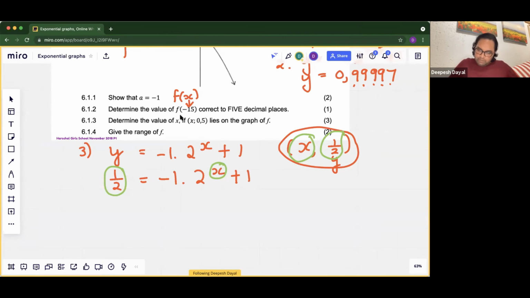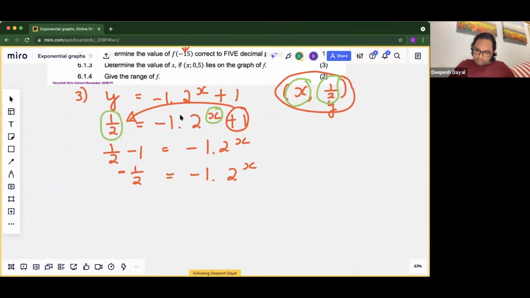Okay, so what we're going to say: half minus 1 equals minus 1.2 to the x, because I took this minus 1 over there. So it's minus a half equals minus 1.2 to the x.